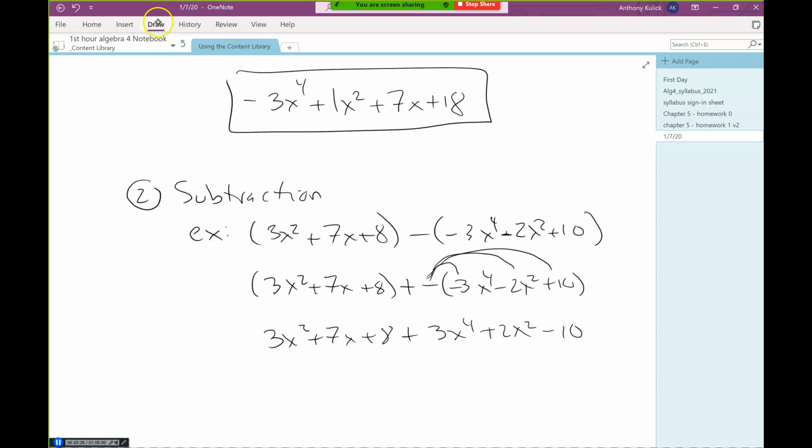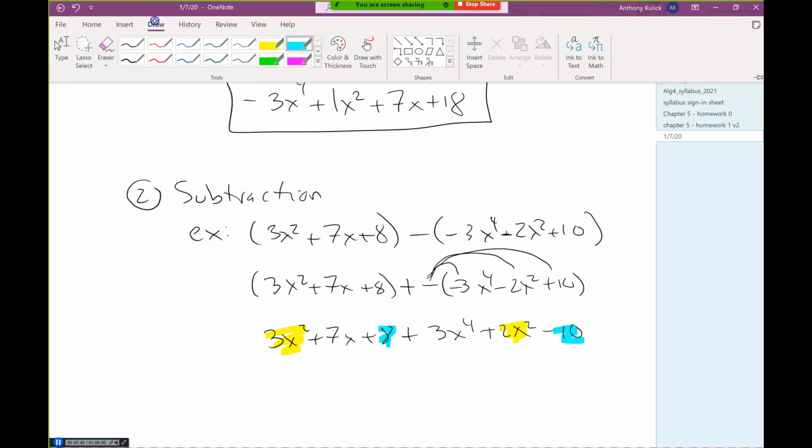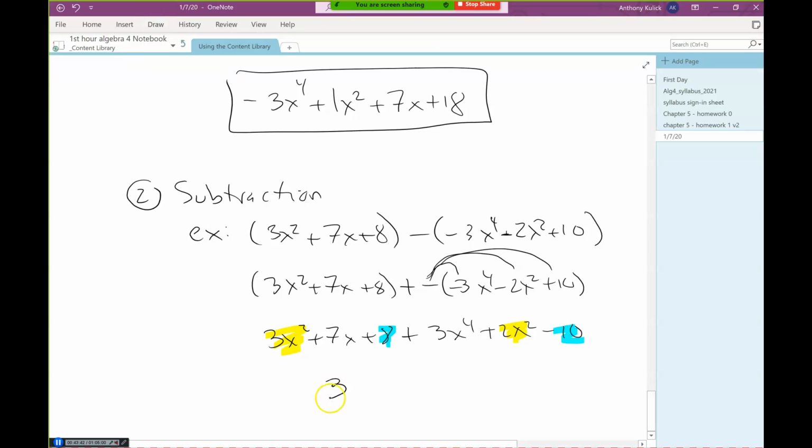And now it's just an addition problem where I'm combining. So again, my like terms here are the x squareds can combine and the constants can combine. Everything else, 3x to the 4 stayed the same. 3x squared and 2x squared becomes 5x squared. The 7x has nothing to combine with, it stays the same. And the 8 and negative 10 become negative 2.